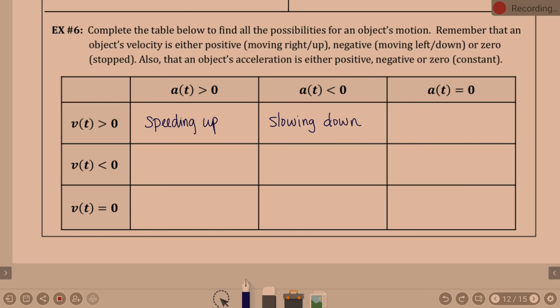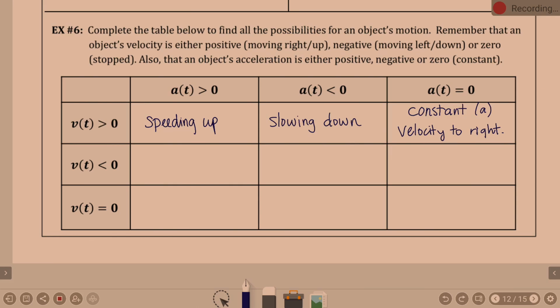What about if my velocity is positive, but acceleration is 0? Okay, so it's a constant acceleration, and officially the velocity is to the right there. It doesn't really matter much when your acceleration is 0, but velocity is to the right, or a positive direction. Okay. Next row.